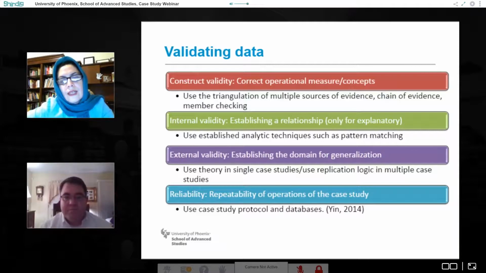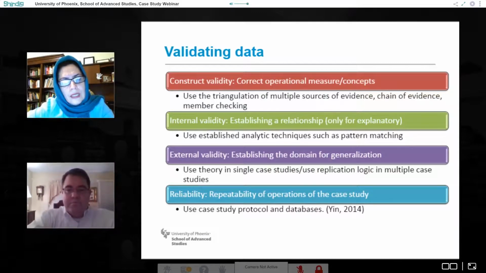So the construct validity, the meaning is really kind of having a correct operational measure or concept. So in order to achieve that, you are going to use the triangulation, as I mentioned, multiple sources of evidence or data. You may also use member check once you are collecting your data.